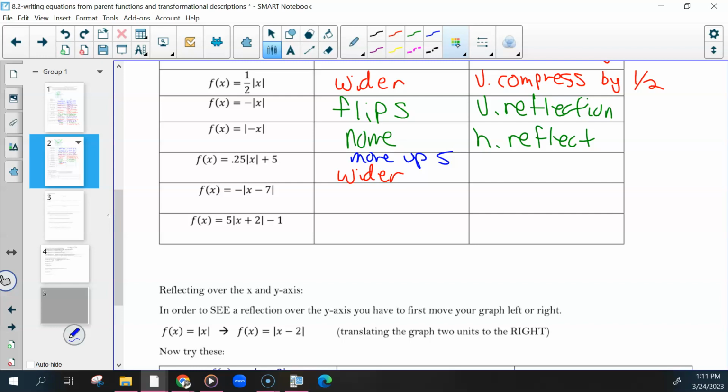So then, what would those two rules be? Not horizontal compression, but still vertical. So horizontal right now is just reflection and shift. We'll talk about the other ones later. But vertical compression.